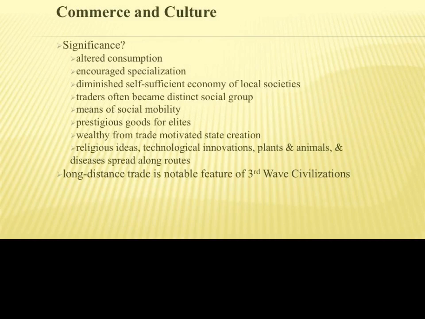But you have to ask yourself, why was trade significant? Why is this economic activity significant, and why do we learn about it? Well, it altered consumption, what people are taking in, and encouraged specialization as opposed to producing everything that you need. You can produce just a few things and trade for what you don't have. Realistically, you can look at something as simple as, you have chickens, and so you can trade eggs for milk from cows.